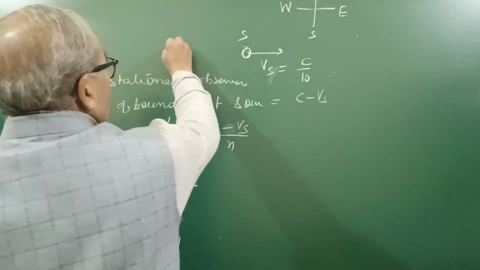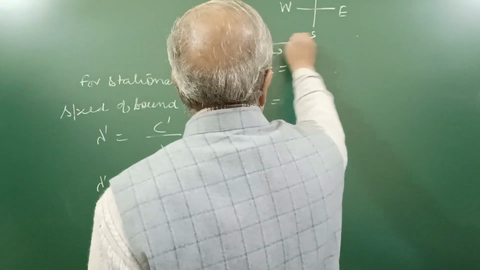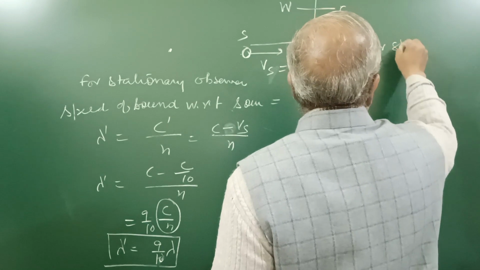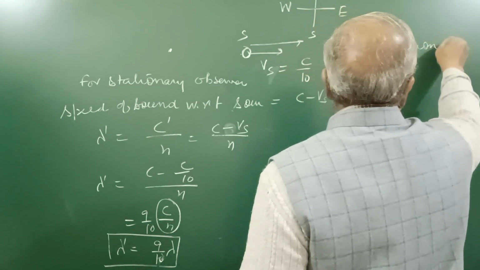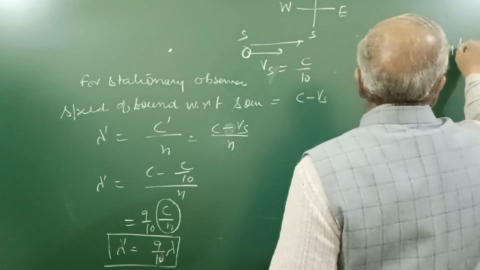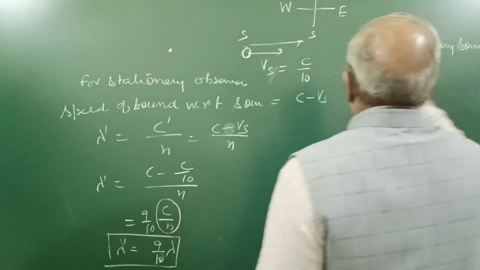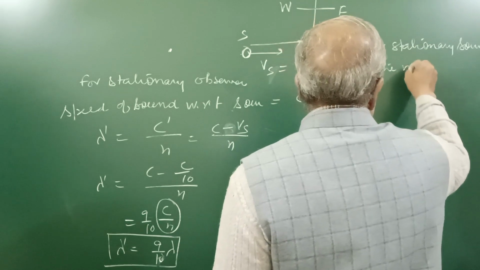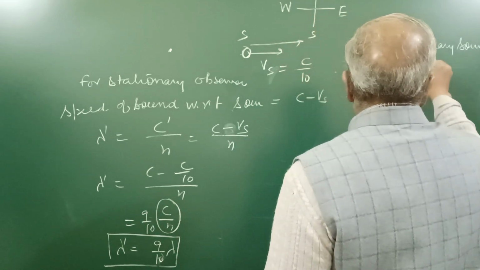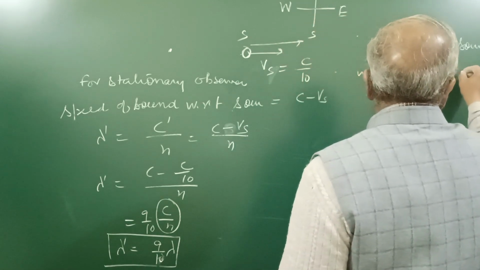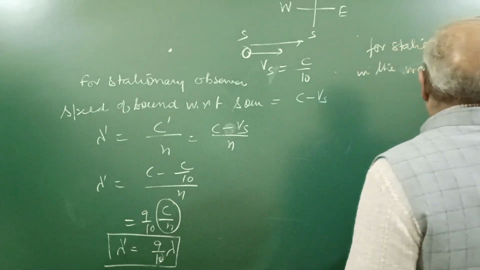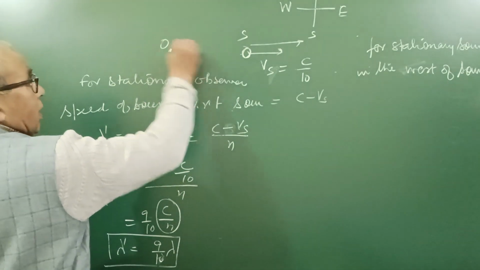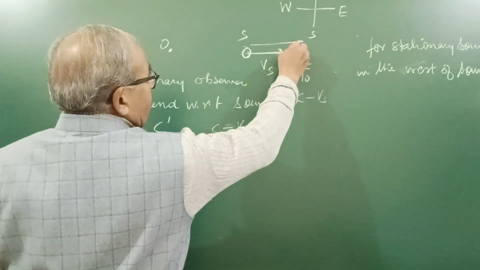Now for the observer in the west, the source is going this way. For a stationary observer in the west, the observer is here, the source is going this way.